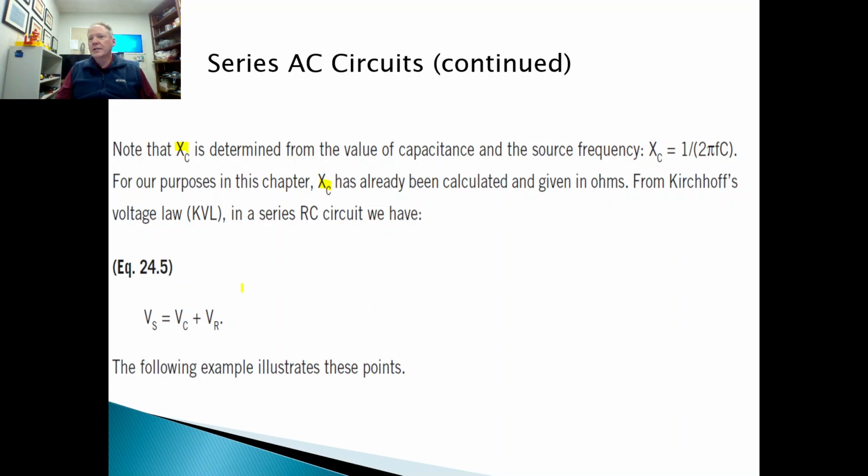All right. And then we know Kirchhoff's voltage law says the source voltage is going to equal the sum of our voltage drops, right? Which in this case is our capacitive voltage and then our resistive voltage. All right.